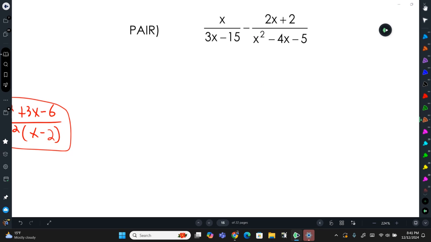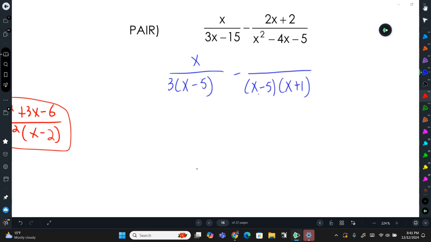All right, this last problem, I can factor the denominator of the first one, factoring out a GCF of 3, and we get x minus 3 times x minus 5. Now, the second one, I see that the denominator can factor to x minus 5 times x plus 1. Generally, we can't factor the numerator beforehand, but when I look at this, I say, wait a minute. If I factor out a 2, I get x plus 1.